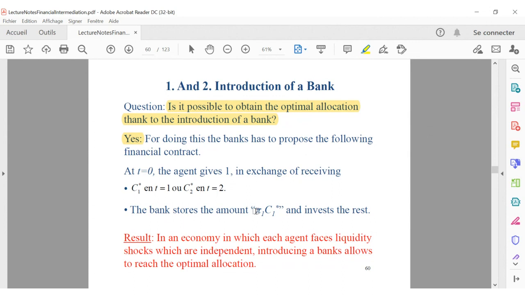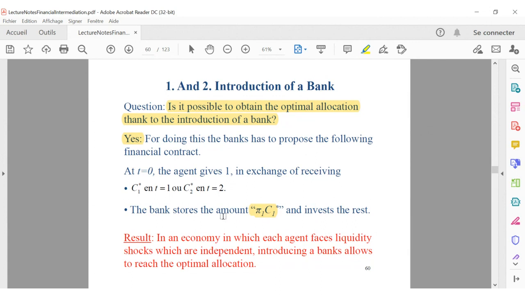So this corresponds to the amount which is going to be stored by the bank from t equal 0 to t equal 1, and which is going to be repaid at t equal 1. And the other amount is going to be invested in the long term by the bank.